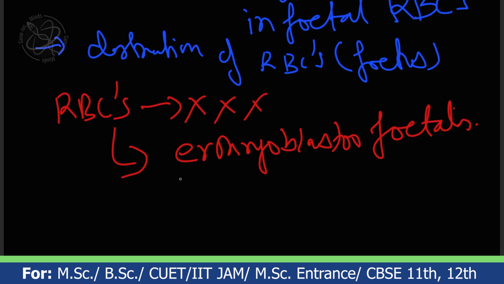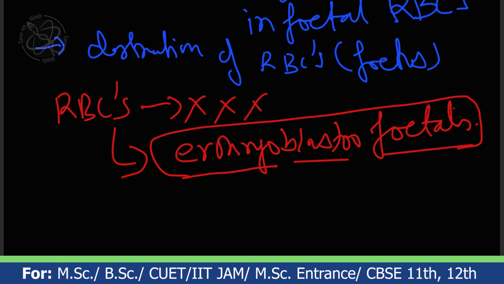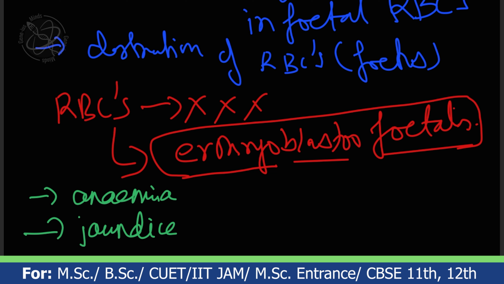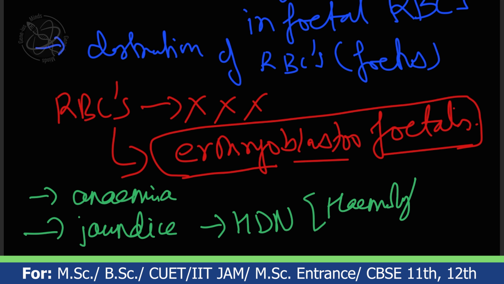Now look at the name: erythroblastosis foetalis. The damage of the fetal erythrocytes is nothing but erythroblastosis foetalis. This condition also leads to anemia in the fetus, or when the fetus is delivered, now it is called a baby, you can see the anemic condition, the jaundice, and also HDN, which is nothing but hemolytic disease of the newborn.